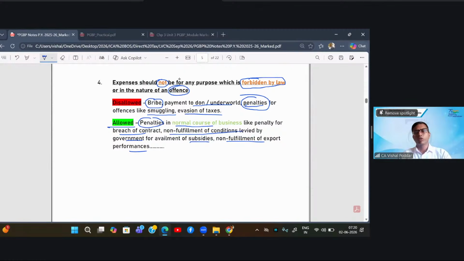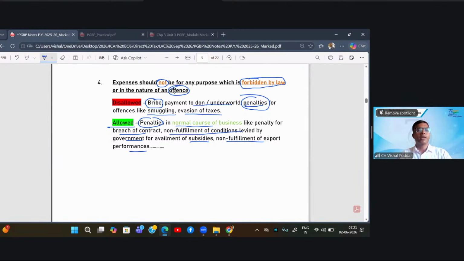And then the fourth condition, for which I gave you the background why this condition came up. In this case, the rule is that if you are incurring any expense, maybe for your business, maybe for the current year, and maybe it is also of revenue nature, but that expense is forbidden under some law, some act, or it is an illegal expense, or it is something which is an offense as per some law.